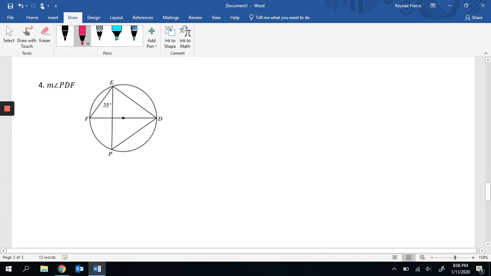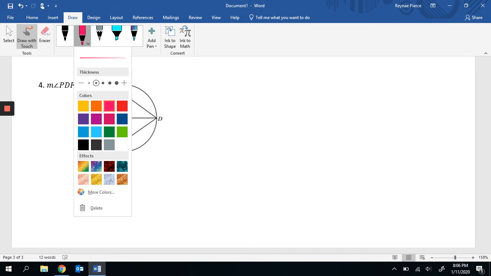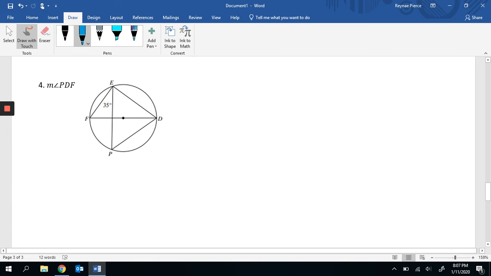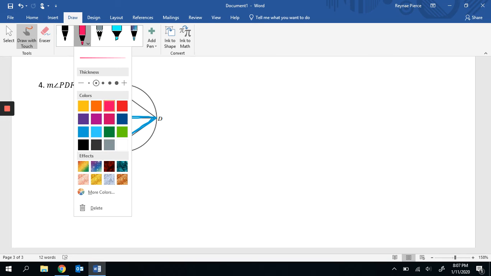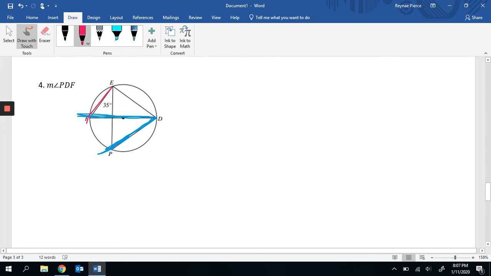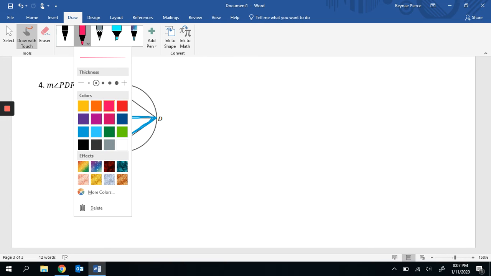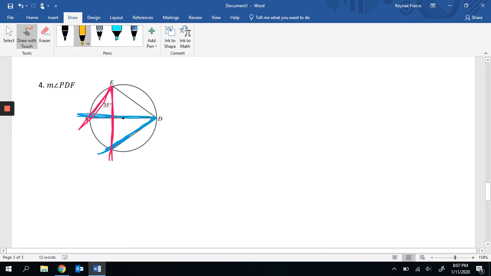Number 4, we are looking for the measure of angle PDF, but we are only given the measure of FEP. If you notice, though, angle FEP intercepts this arc here, but angle PDF also intercepts that same arc, arc FP.